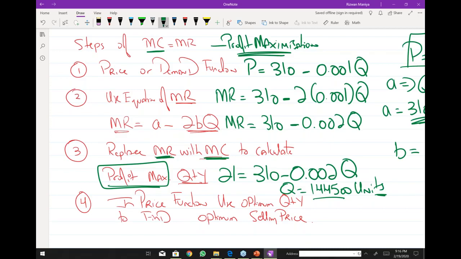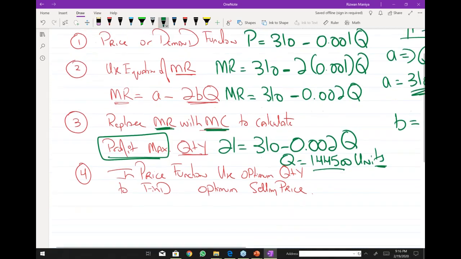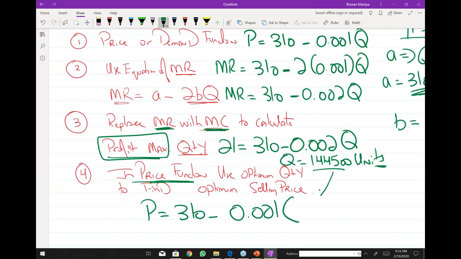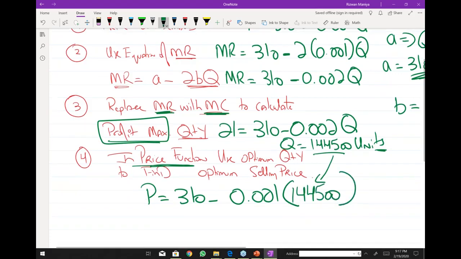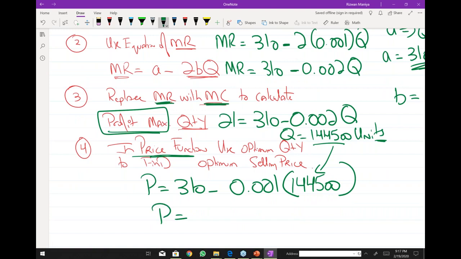Now let's see in the price function, which is P is equal to 310 minus 0.001 Q. Let's put the figure in and find out what the optimum price is at this quantity. I'm waiting for the answers again. And let's see.